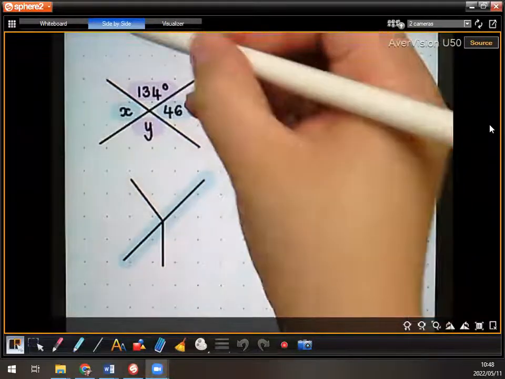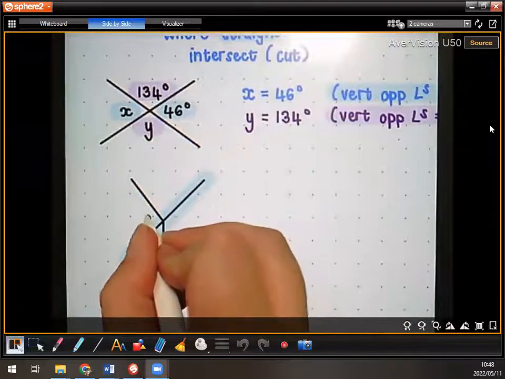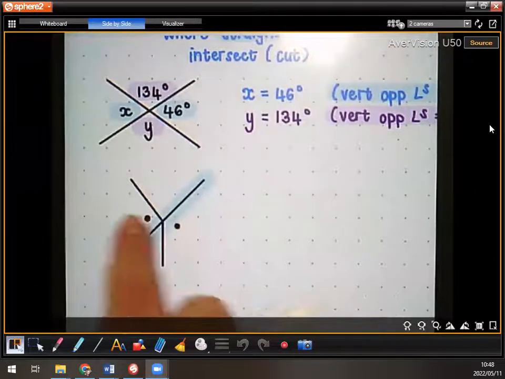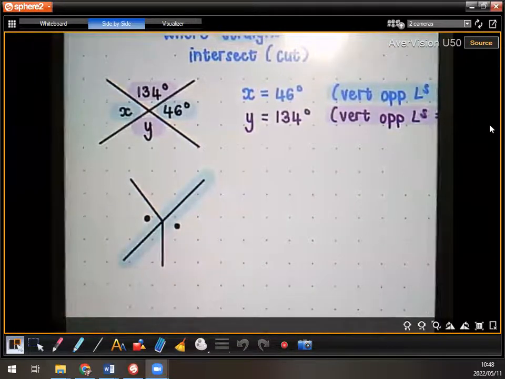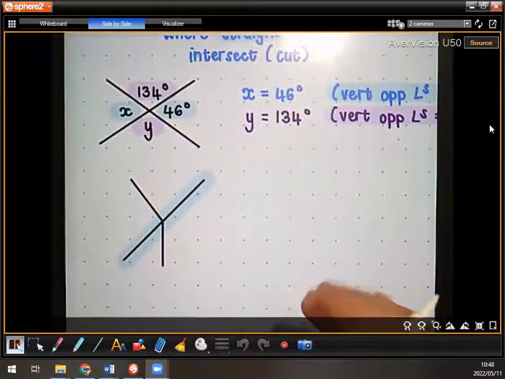So guys, we cannot say, and don't write this in, that this angle is going to be equal to the angle opposite. These do not count as vertically opposite angles because they have not been formed where two straight lines have intersected.